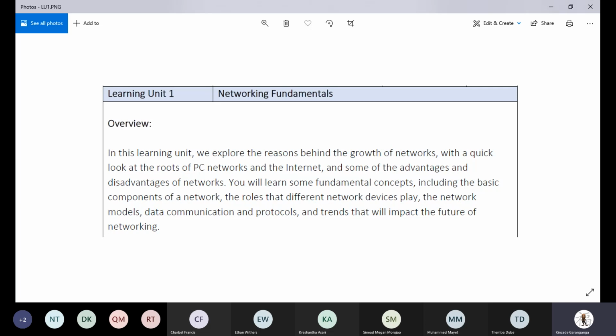What are the different components that make up a network? What's happening with the difference between data, signals, the whole concept of transmission and so on. So that's what your first learning unit is going to be looking at.